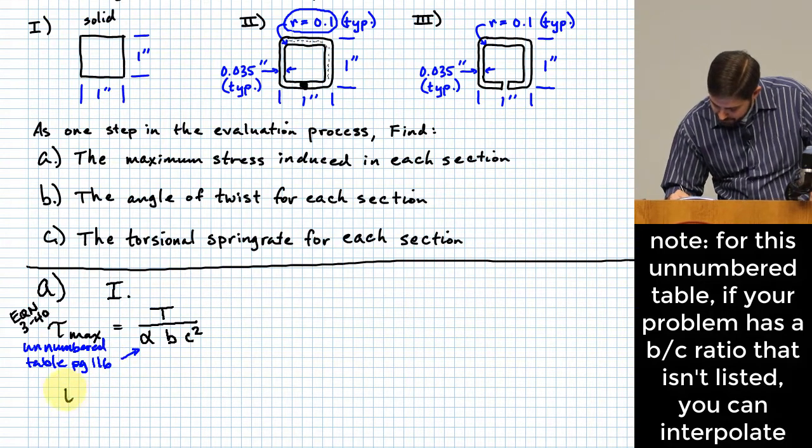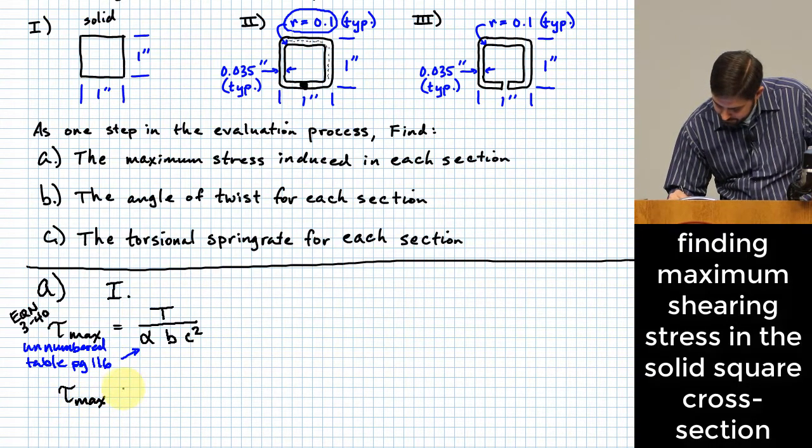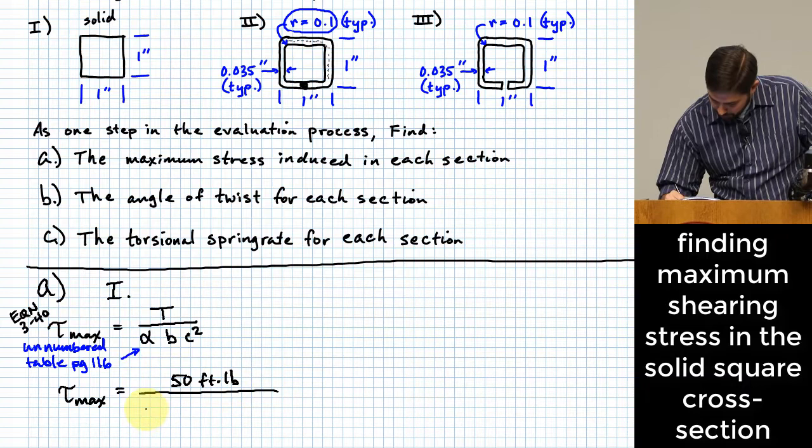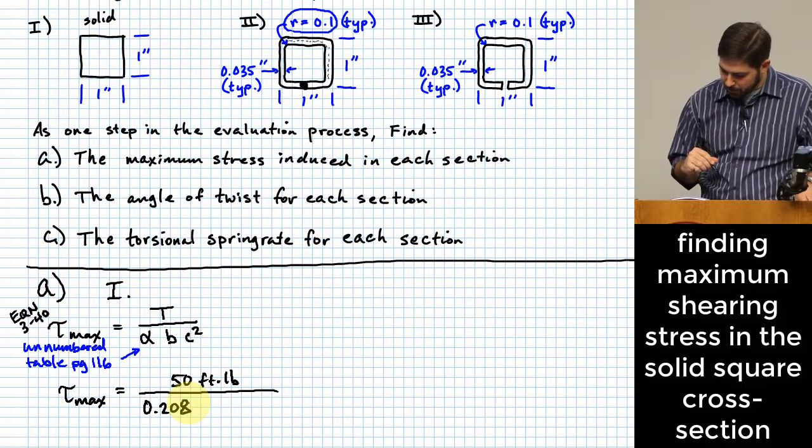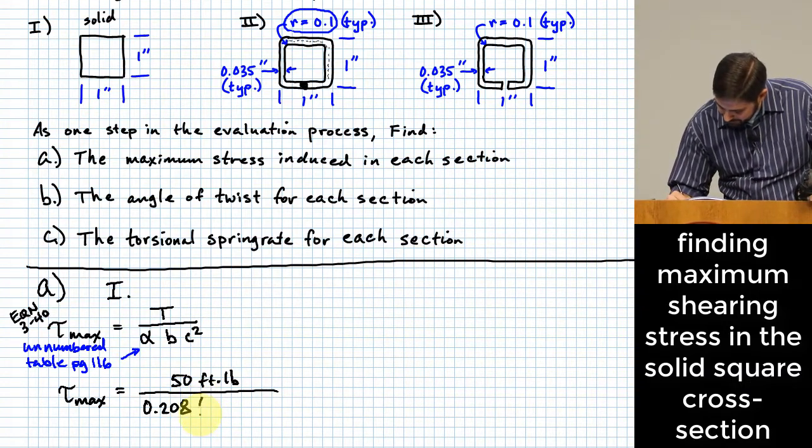So our maximum stress then is going to be equal to 50 foot-pounds over 0.208 that I looked up out of that unnumbered table. And then I'll go ahead and express it this way.